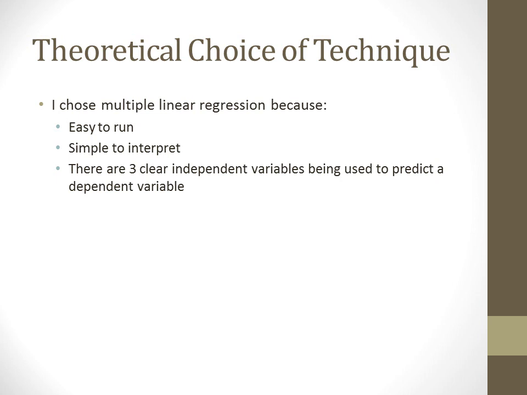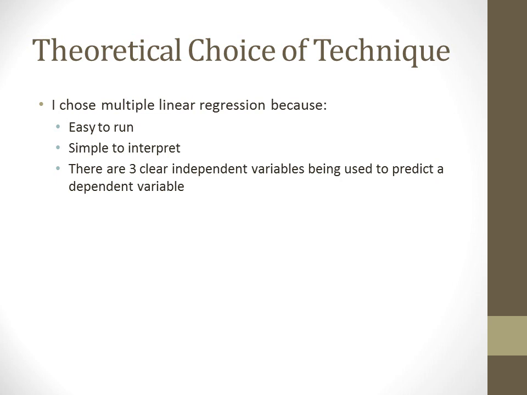So I chose the multiple linear regression because it's easy to run, it's simple to interpret, and I did have 3 clear independent variables with the provided RFM data to be able to predict the dependent variable, which is that final RFM score.